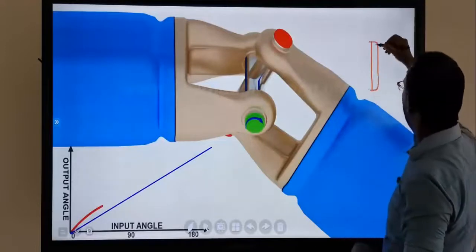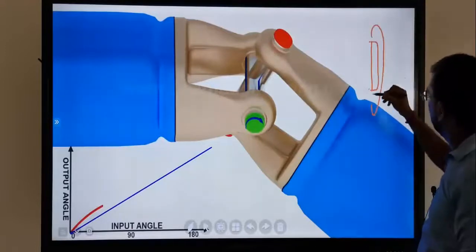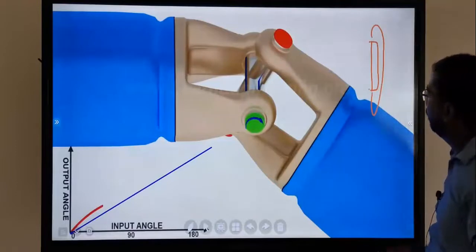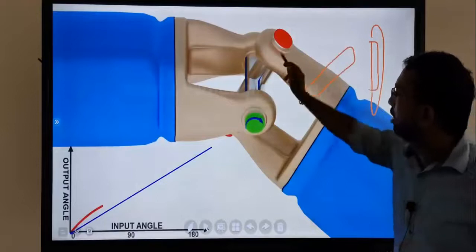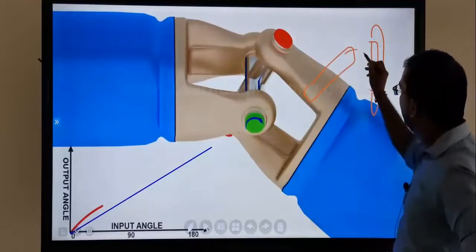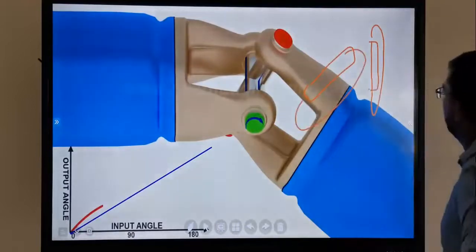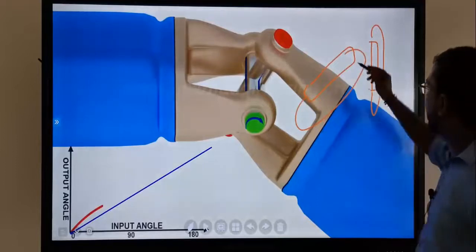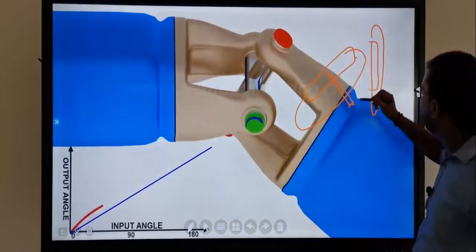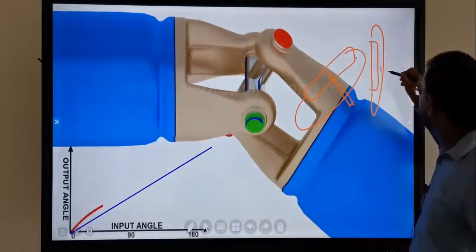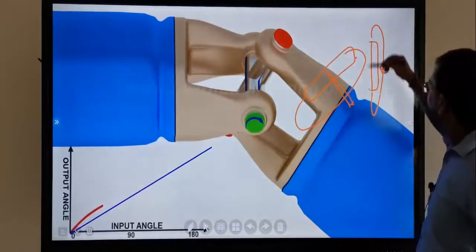So the input pin is rotated like this, but the output pin is rotated like this. When it starts here and is at 90 degrees here, it can meet this plane, okay.